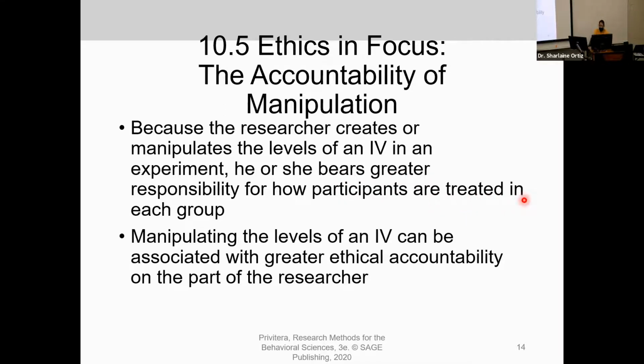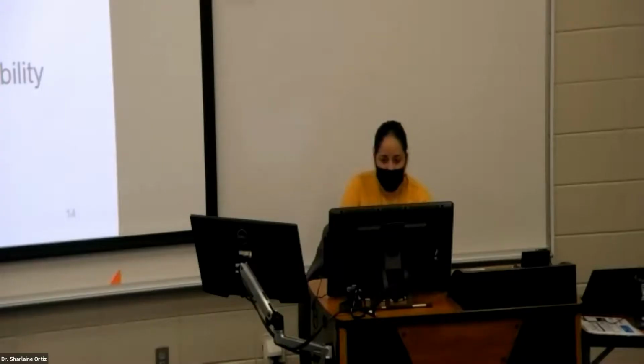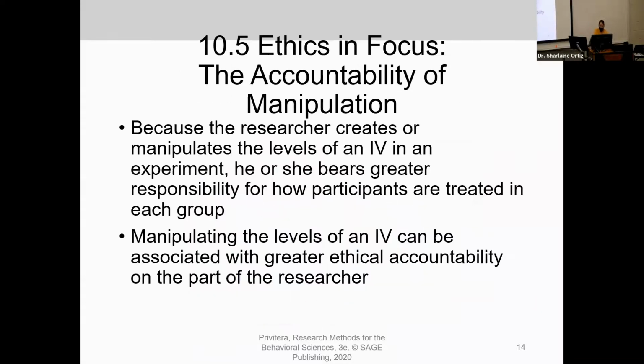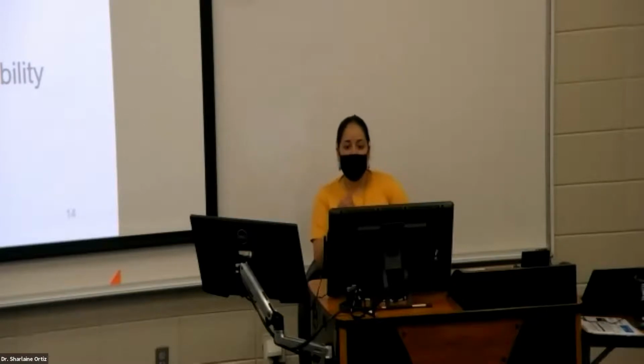Think about the different treatment modalities that I showed in this illustration. Some individuals are going to be receiving treatment A and treatment B, which inherently are different. So the ethical concern stems from the fact that you are responsible for their treatment.